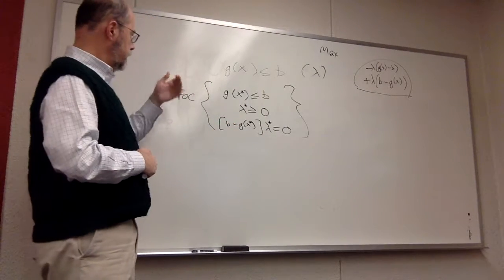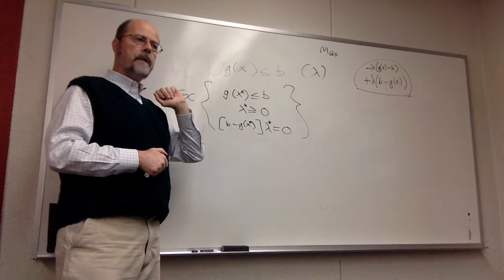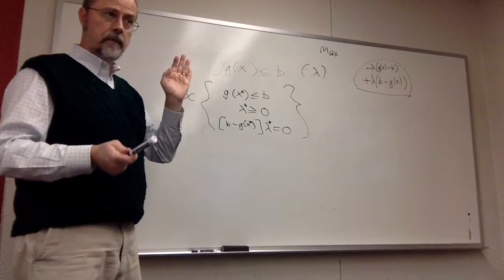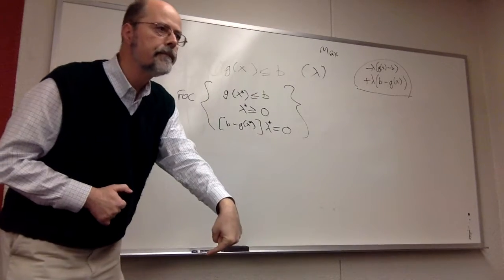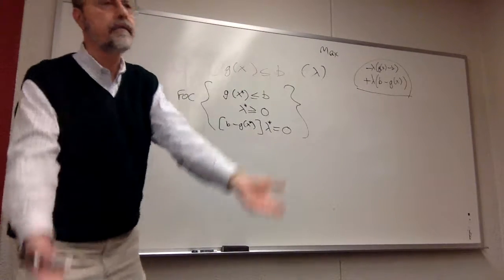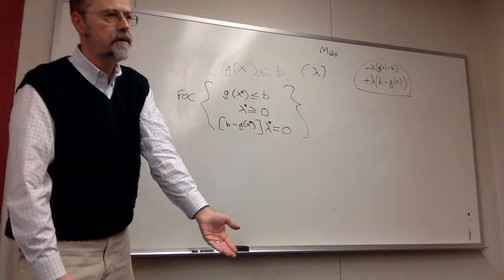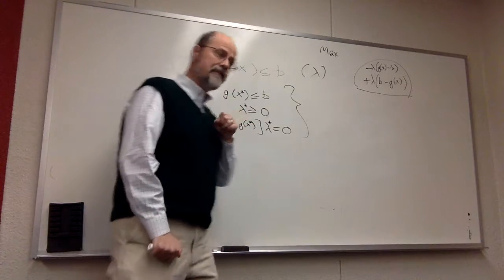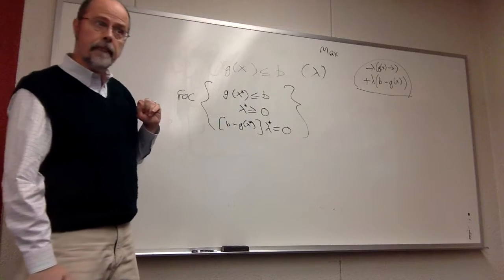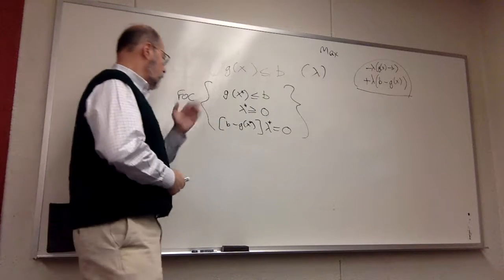It's either going to be 0, which means the constraint doesn't bother you at that moment, or it's going to be positive, which means that the constraint bothers you. You could have achieved a higher value of your objective function if the constraint were not there, or if it were relaxed a little bit, if somebody gave you a little bit more b.